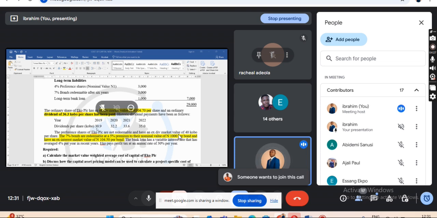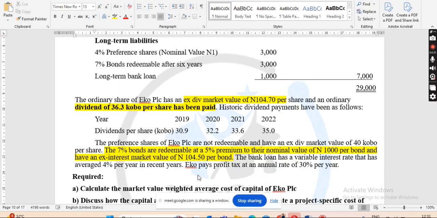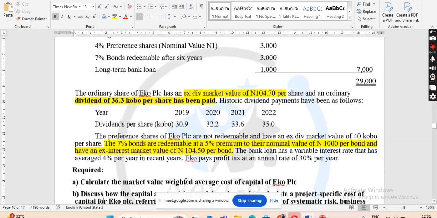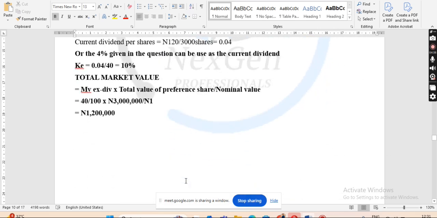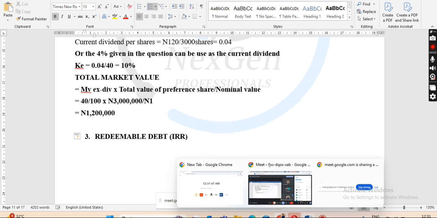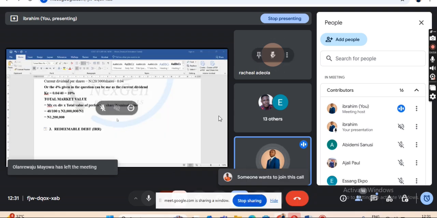Class, when you are to determine the cost of redeemable debt using internal rate of return, please unmute your mic. What are the ingredients you will use to cook the soup? What are the ingredients? Make use of the market value, the annual interest rate, and the tax. Okay, who is that?